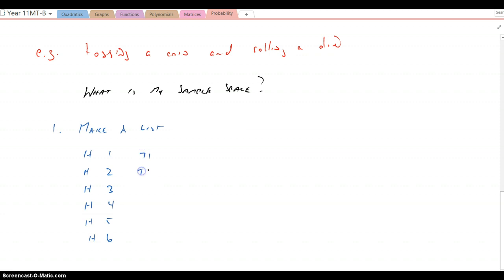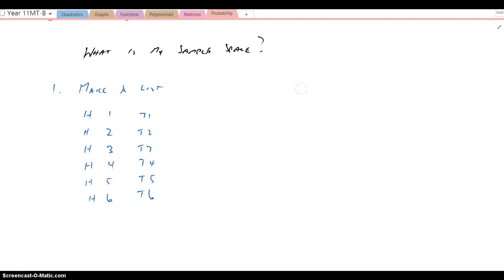But once you start writing them out, you'll see that there's a pattern to it, and you won't need often to write all the list out. You'll see the pattern of it, and you'll work out from that, because mostly we just want to have a little idea about how many outcomes there are. So we've got 6 plus 6, we've got 12 outcomes here. 12 possible outcomes. Okay, we could make a table. That's another way of looking at our sample space. We could make a table.